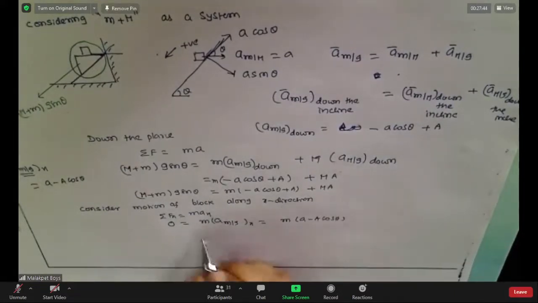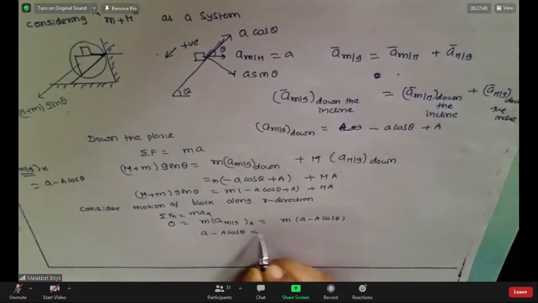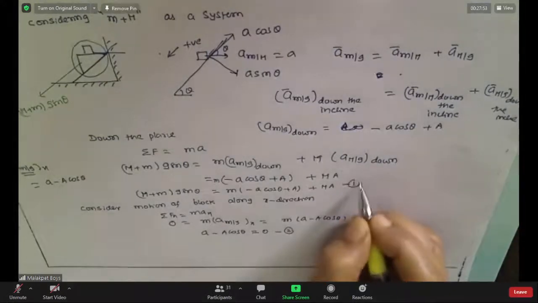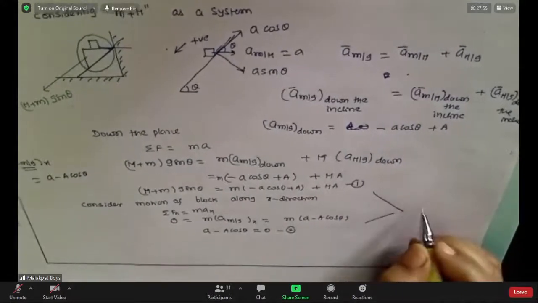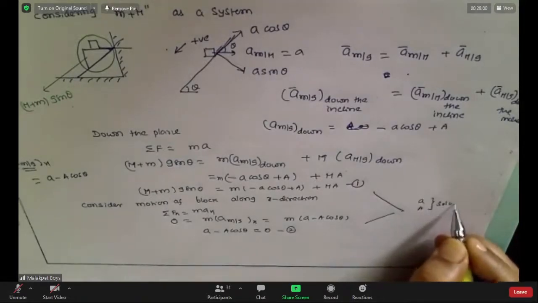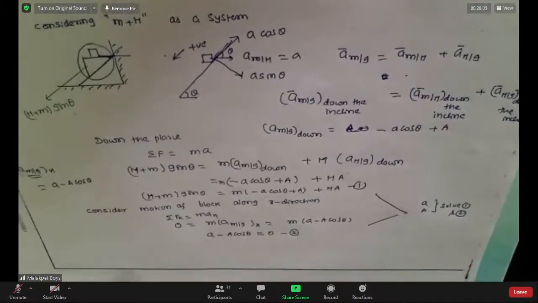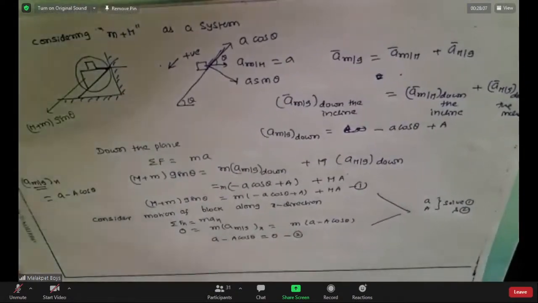See, previously also you got this equation, if you want to check. Now you observe this, what are the unknowns? A, solve 1 and 2. So if you take that as a system, the normal reaction will not come into role. That is the only advantage, so the number of unknowns will be lesser. Follow this, what I am saying? Yes, sir.